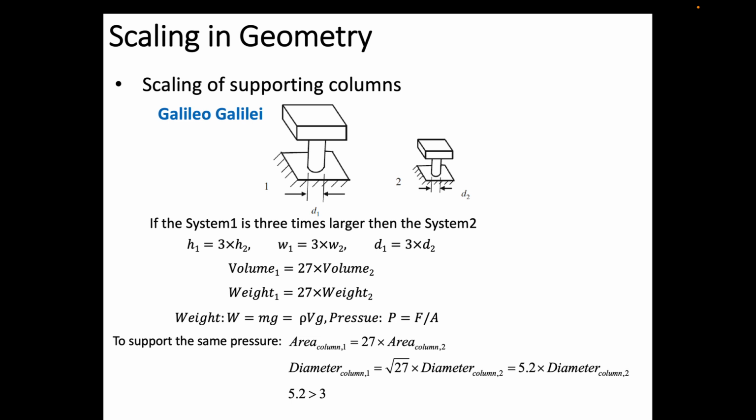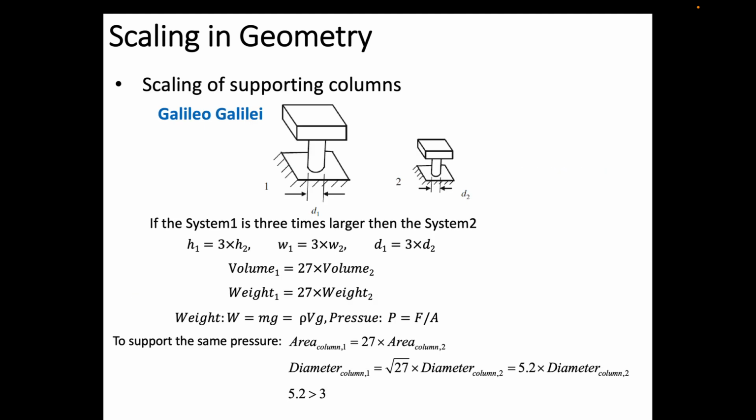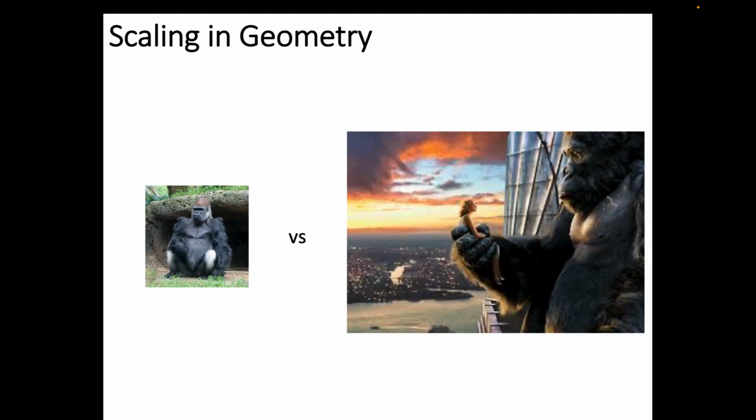So as we scale up, in order to withstand the same pressure, the thickness has to be larger than the factor itself. A funny picture here is King Kong.